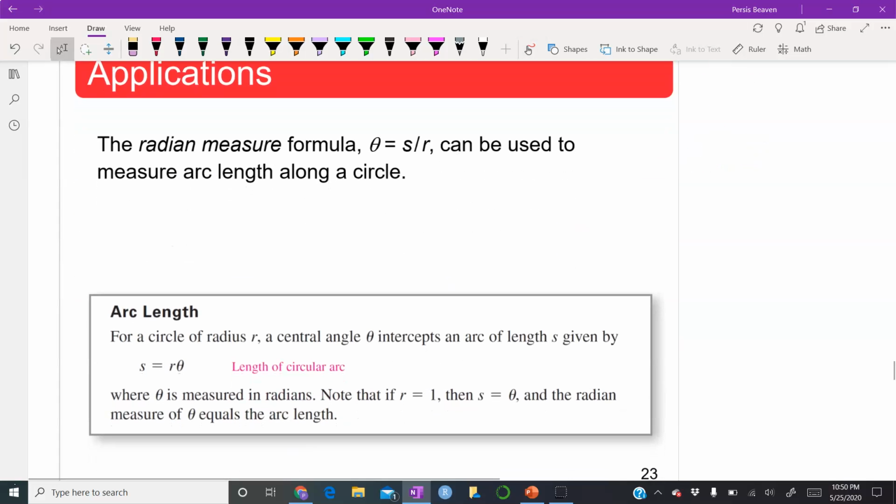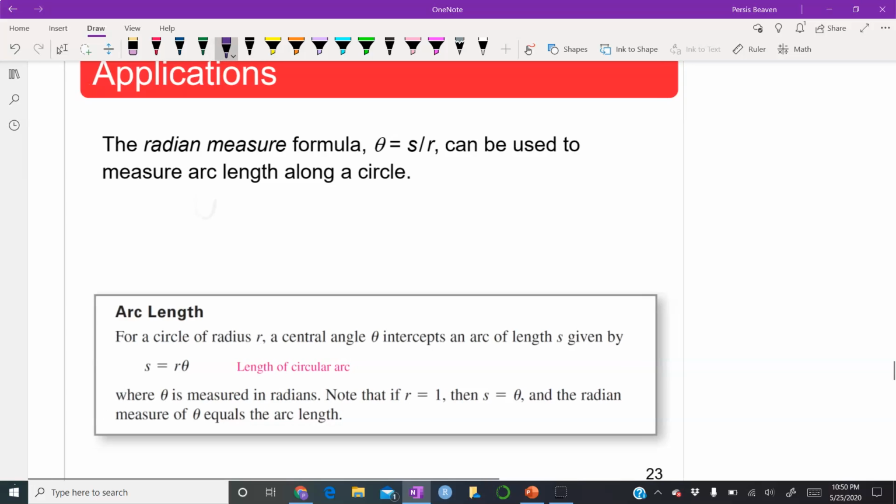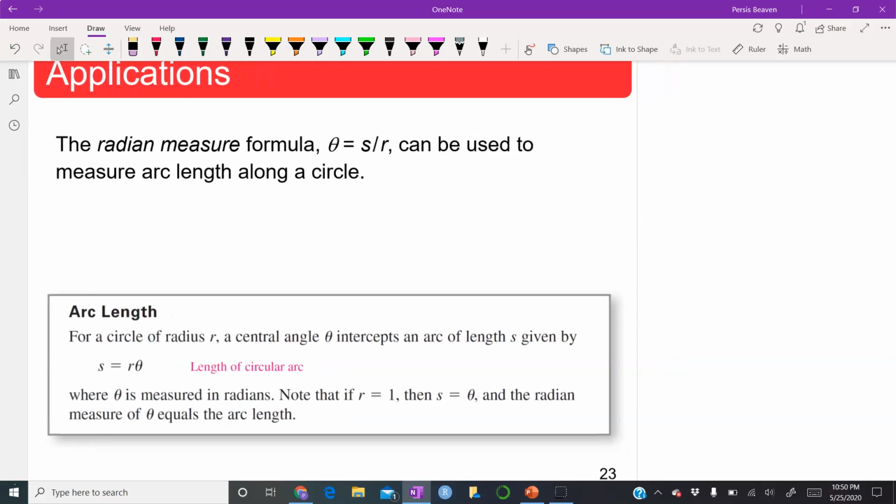So here, the radian measure formula, S over R, can be used to measure the arc length along a circle. And so just like we have that formula, theta is equal to the length of an arc divided by the radius. Remember, we did that at the very beginning. So if we were to take this R across the equal sign, it will be multiplying, right?